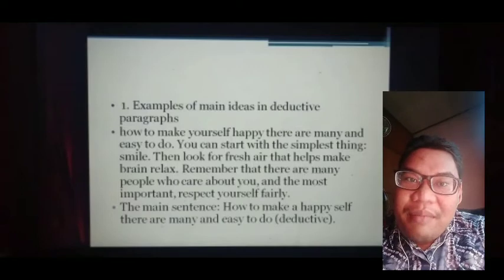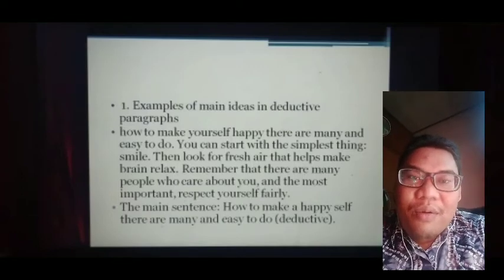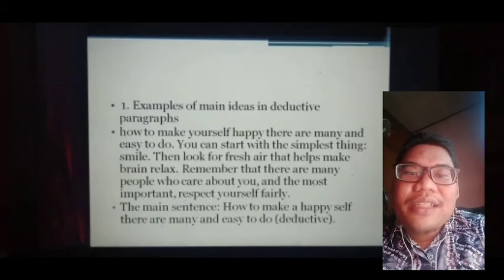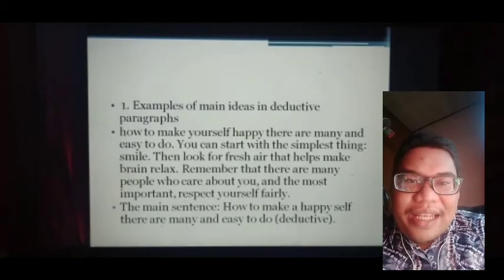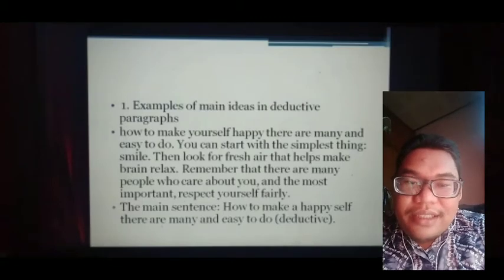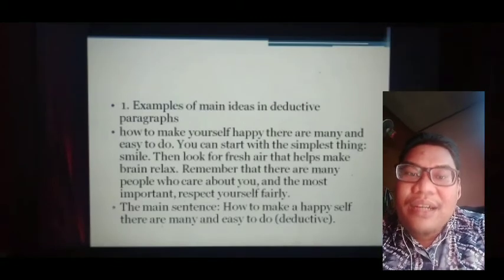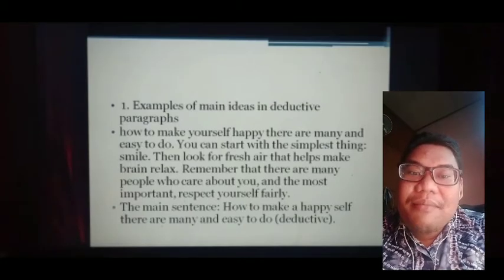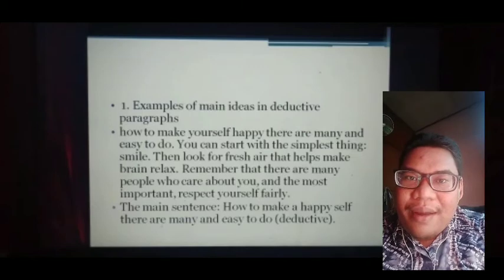Remember that there are many people who care about you and the most important thing, respect yourself fairly. The main sentence and the main idea of this paragraph is how to make yourself happy. There are many and easy to do. This is deductive because the main idea and the main sentence is at the beginning of the paragraph.